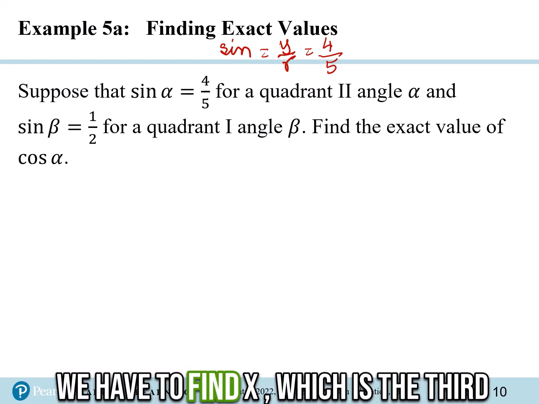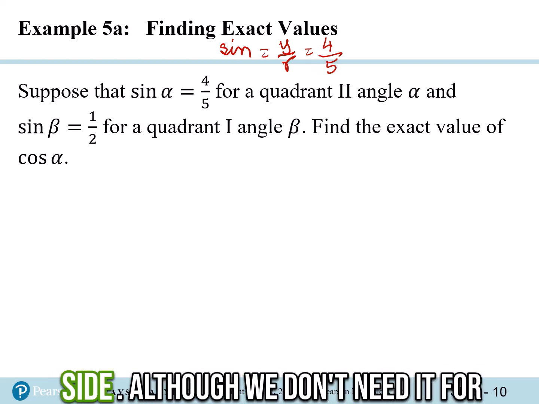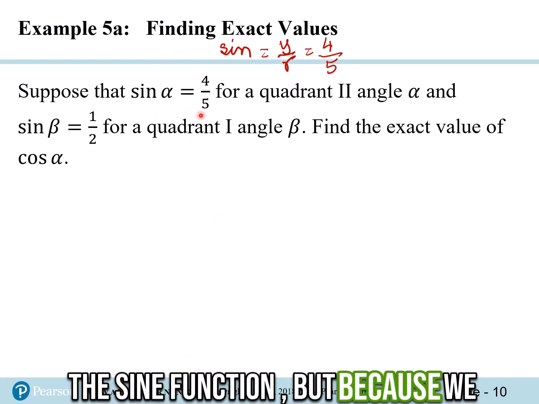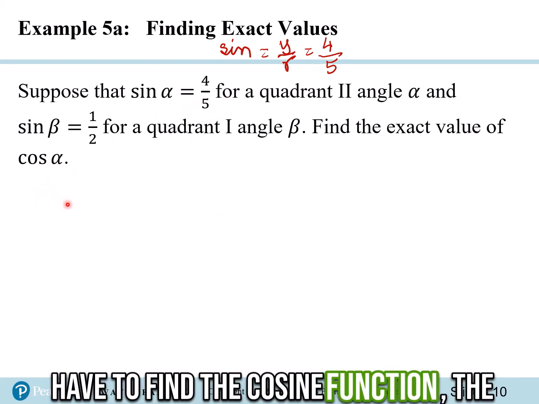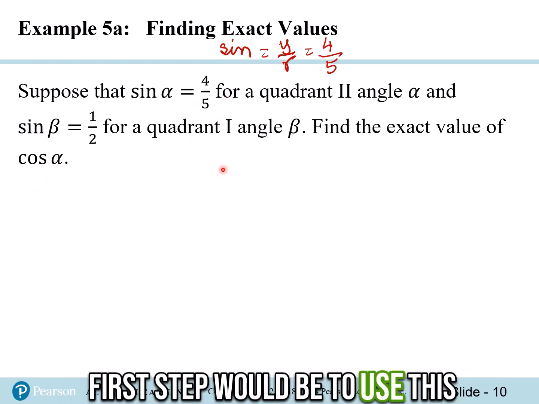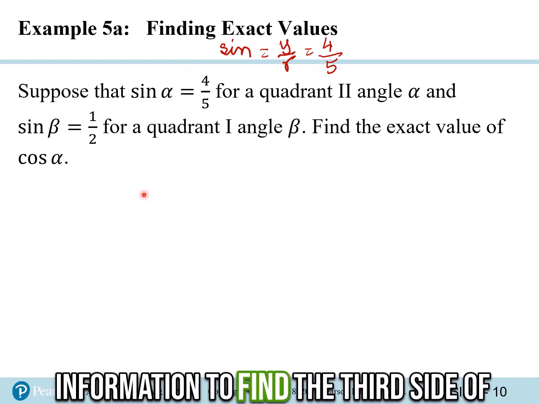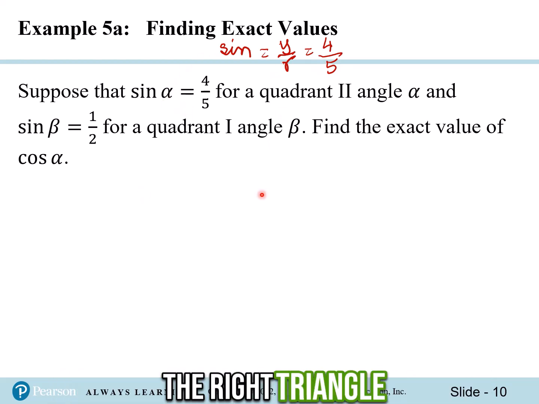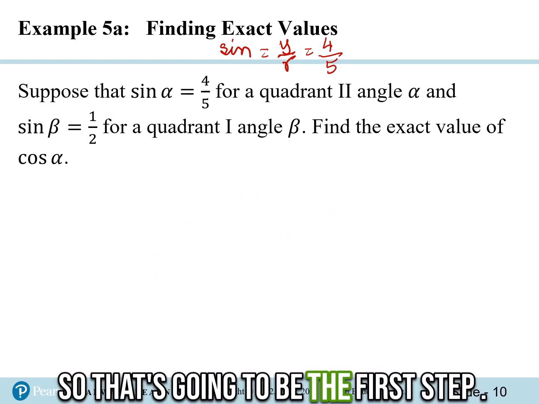We have to find x, which is the third side. Although we don't need it for the sine function, because we have to find the cosine function, the first step would be to use this information to find the third side of the right triangle. So that's going to be the first step.